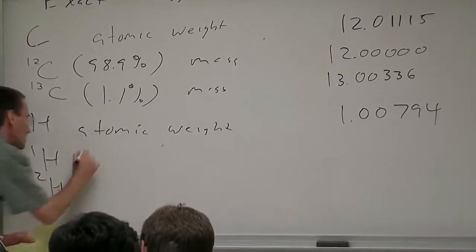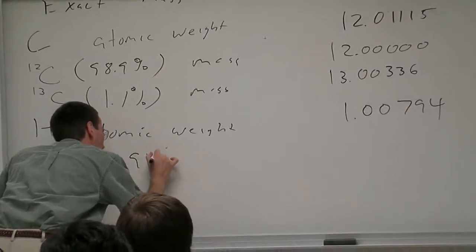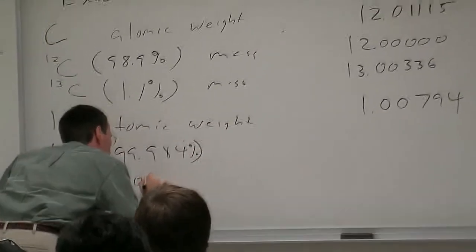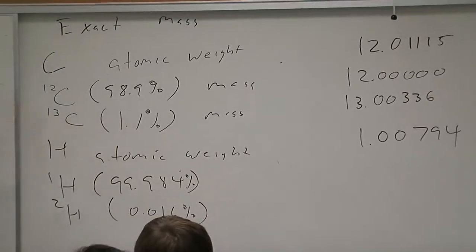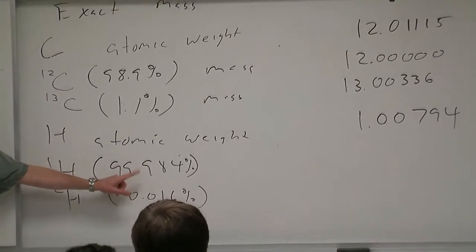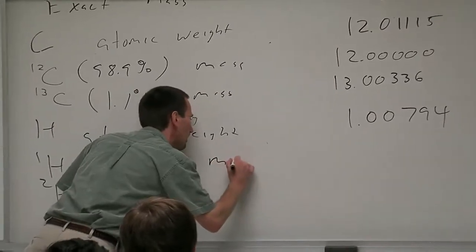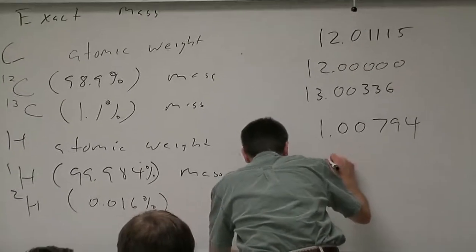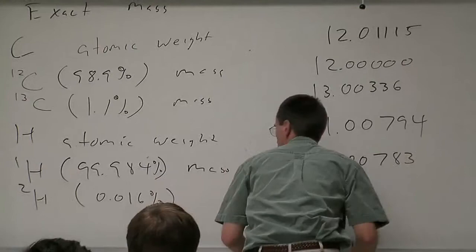It's mostly hydrogen, 98.984% H1, and only 0.016% H2. And so when you're thinking about mass spectrometry, you want to use the mass of H1, which is 1.00783.